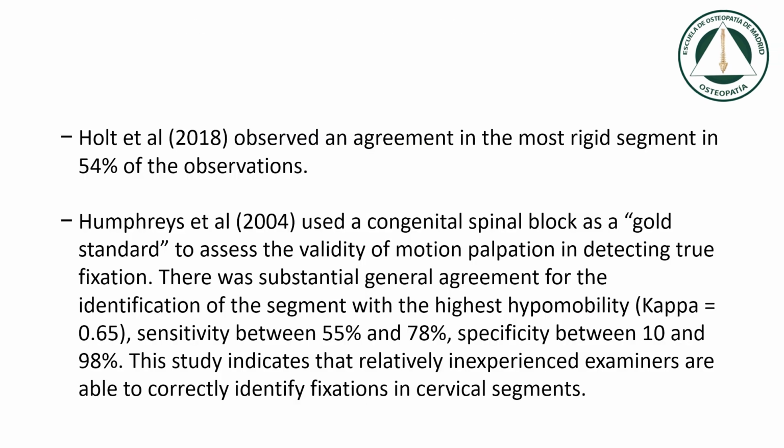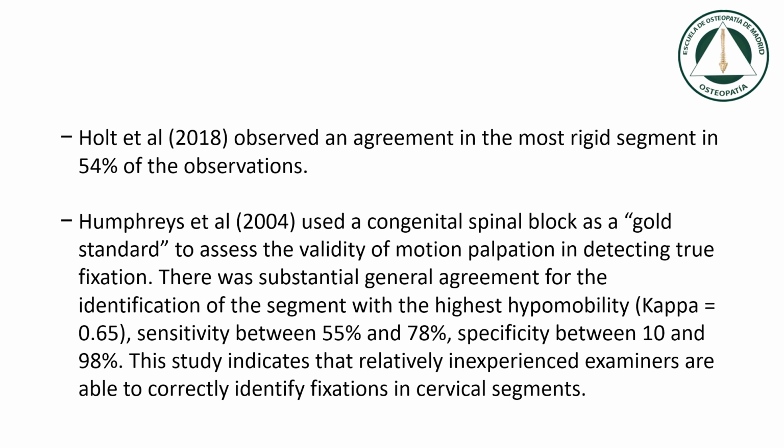Holt et al. 2018 observed an agreement in the most rigid segment in 54% of the observations. Humphreys et al. 2004 used a congenital spinal block as a gold standard to assess the validity of motion palpation in detecting true fixation.